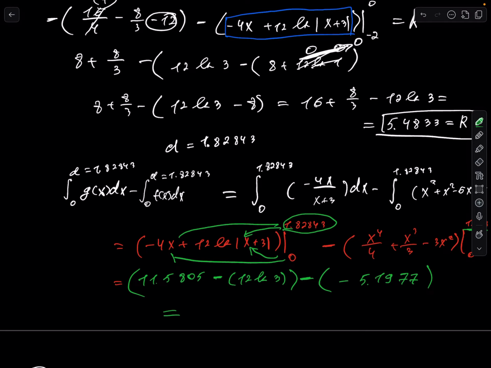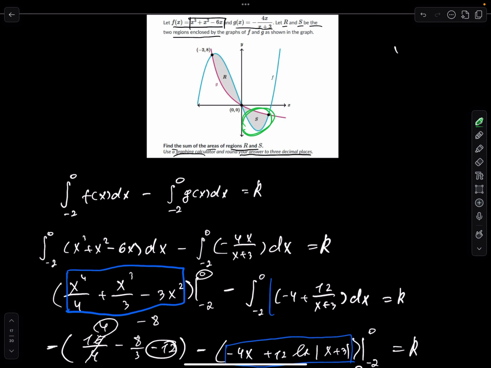And now when we add this, what do we get? 11.5805 minus 12 times natural log of 3 plus 5.1977. We get 3.595. And note that this is S. We were solving for this part.